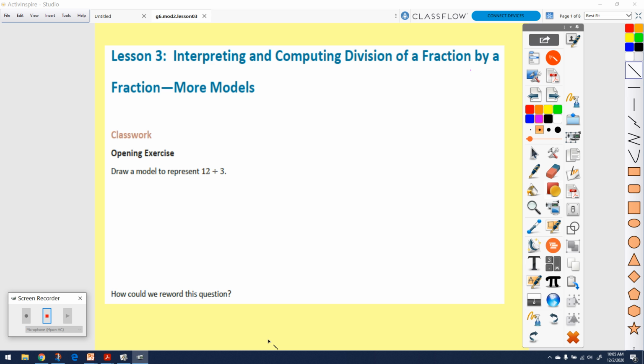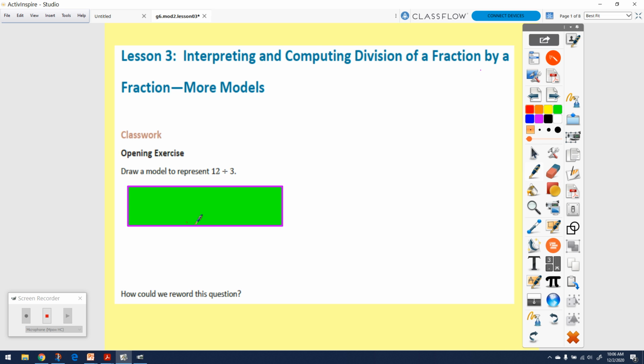So looking at page 27 in your textbook, we're looking at the first example, which is drawing a model to represent 12 divided by 3. First thing we need to do is go ahead and draw our shape. In this case, we know that this entire shape is 12.